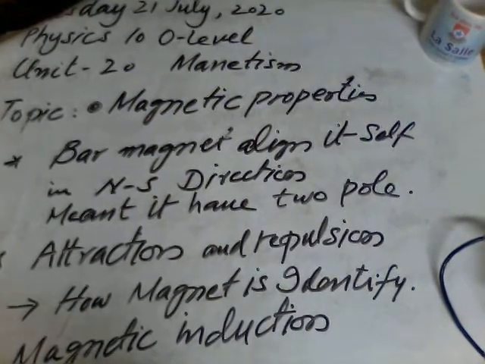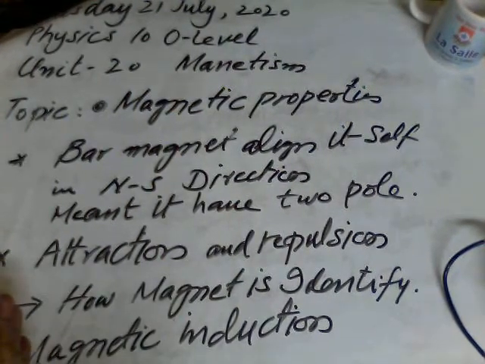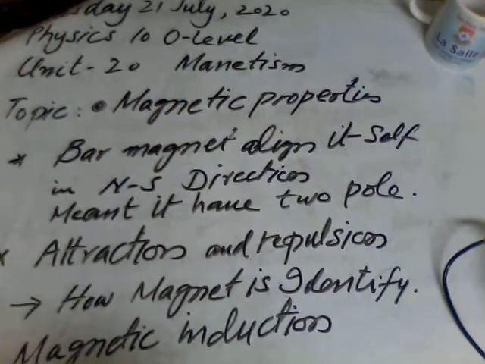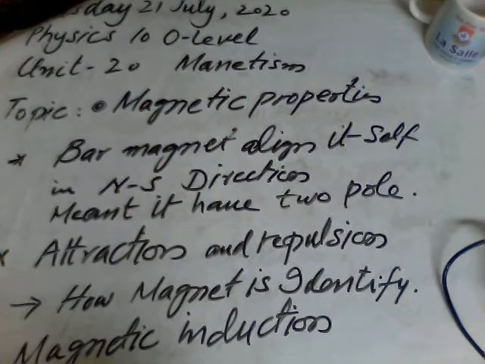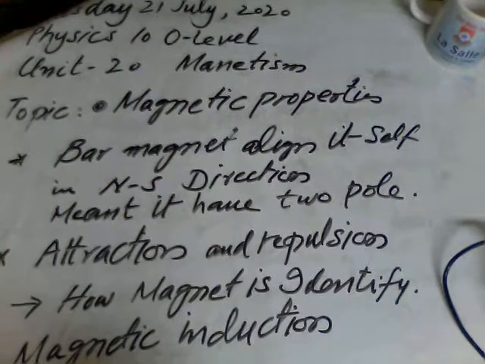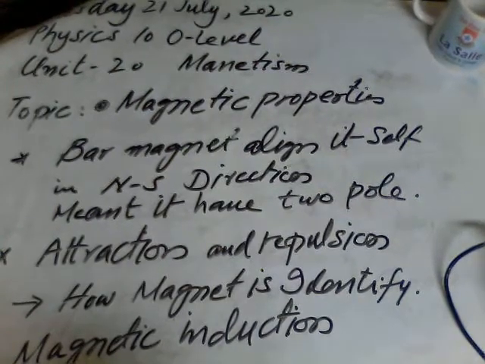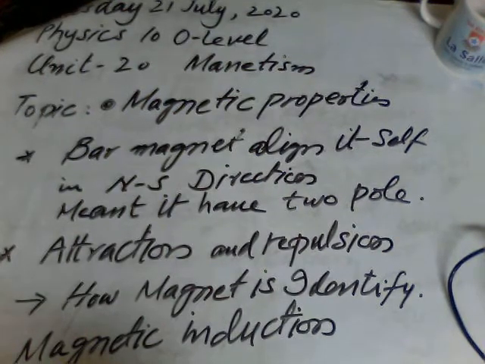Even if they do not directly touch the magnet but are kept near it, because the magnet's power has some strength, the lines of force of the magnet pass through the magnetic material, and these materials are induced with magnetic properties.